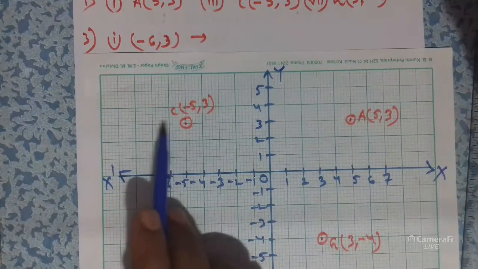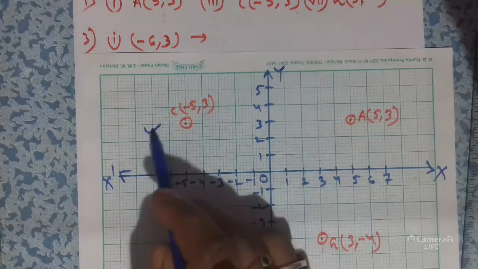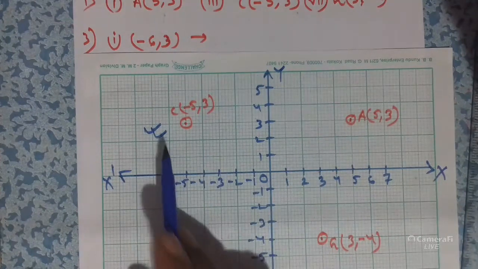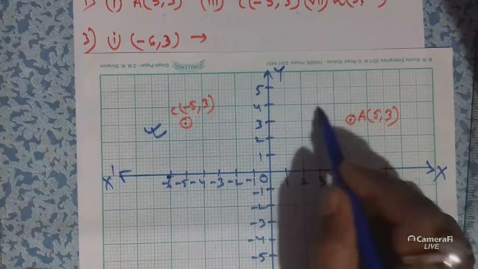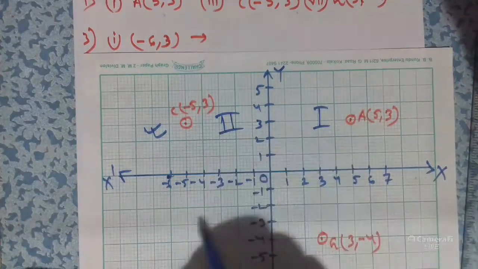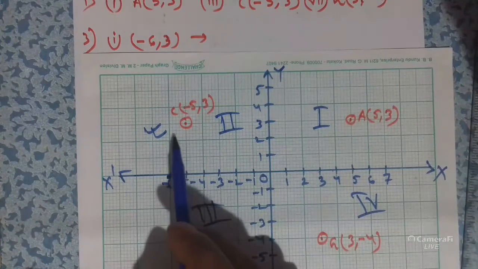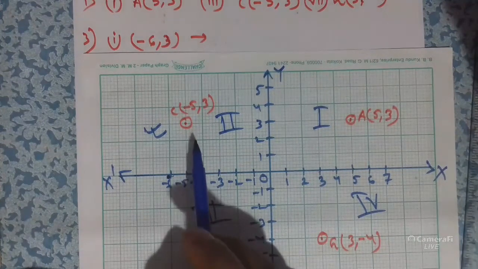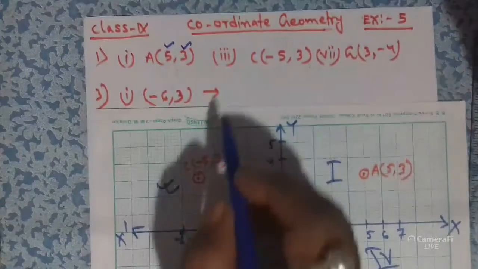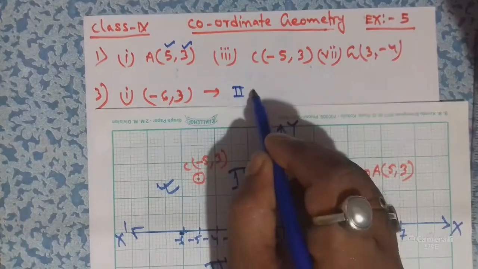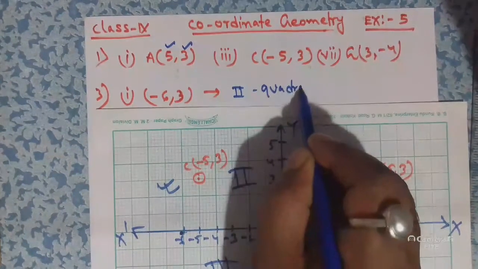So this point lies in this quadrant, and it is the second quadrant, because we know that this one is the first quadrant, this is the second, this one is the third quadrant, and this one is the fourth quadrant. So this point will lie in the second quadrant. Here we have to write: it will lie in the second quadrant.